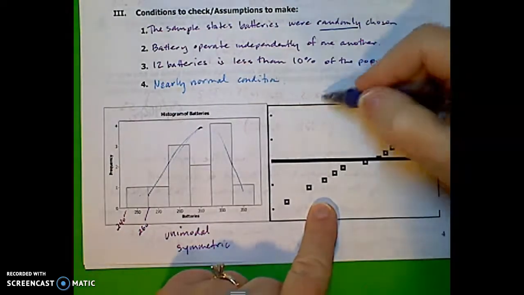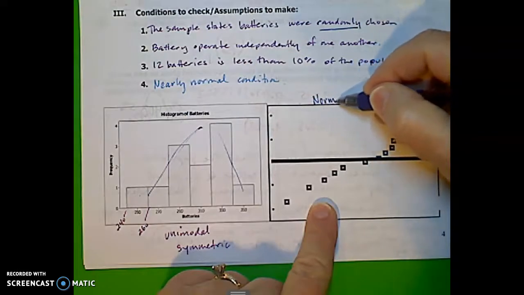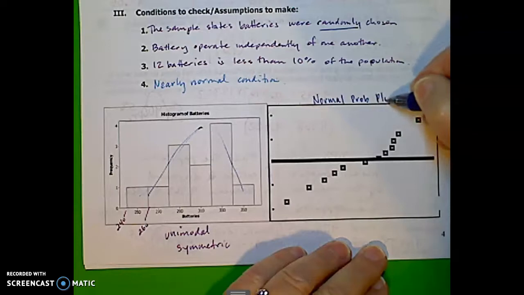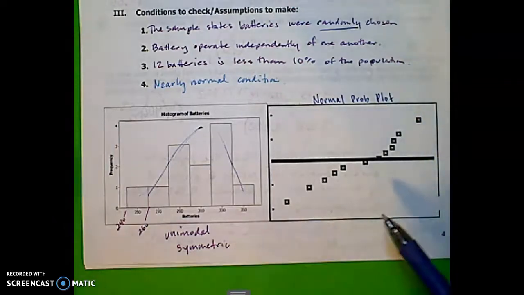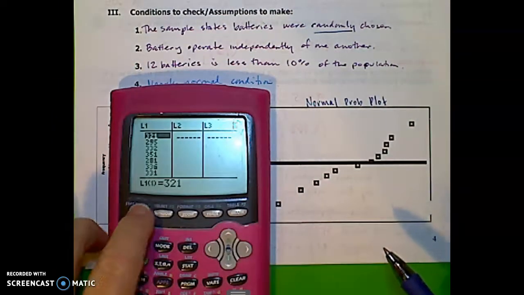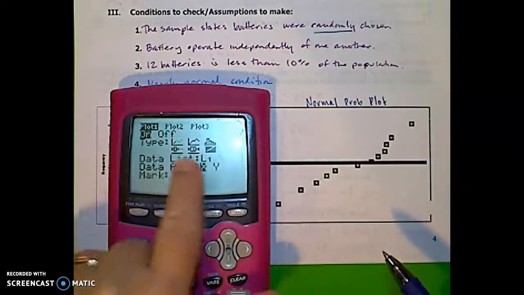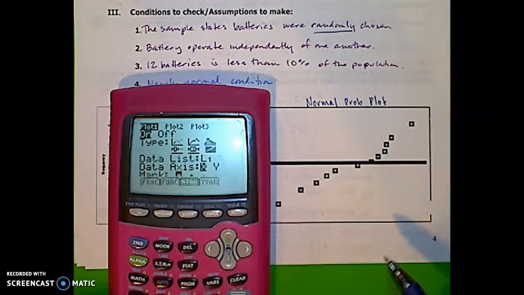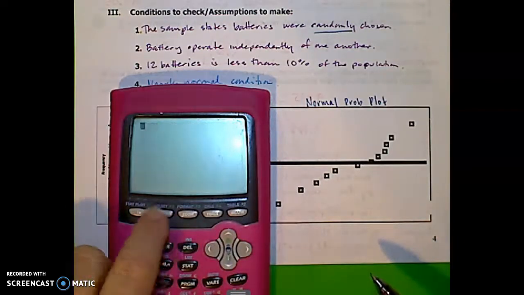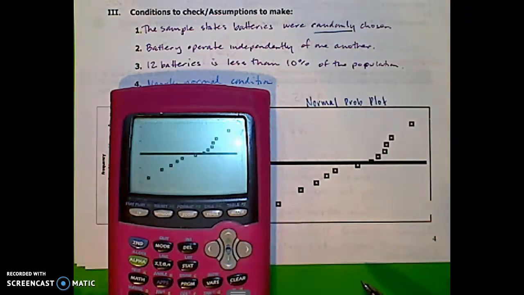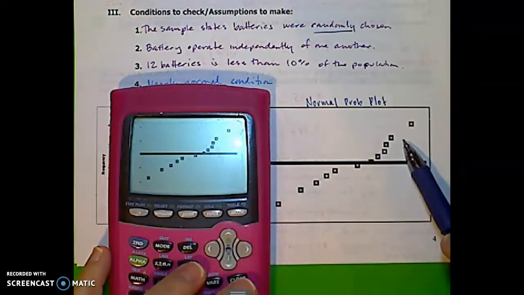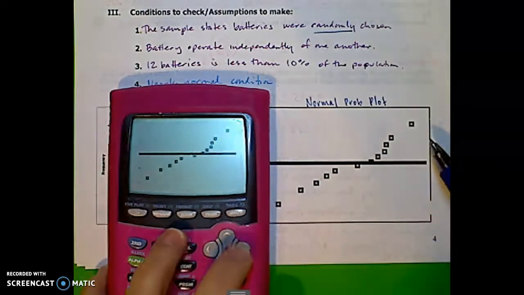This is the normal probability plot that we looked at in the last example. And this one, remember, you can do second stat plot. I've already got it set up from the last problem. I'm going to do zoom 9 to get the new version of that. And we're looking for this to be linear or approximately linear.